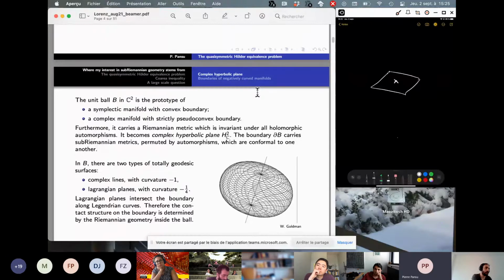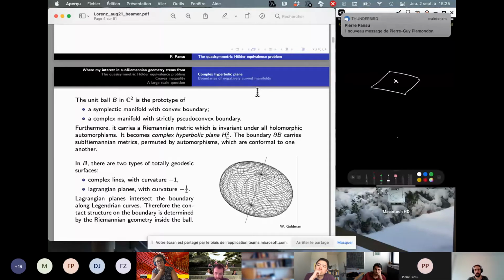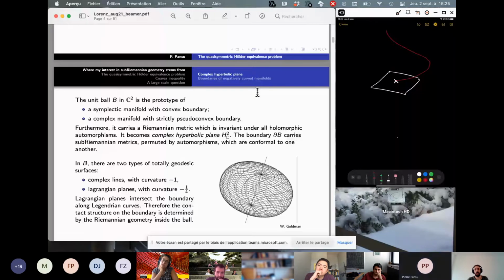So this is a curve which is Legendrian. It starts tangentially to that plane, and it does a rather complicated trip around the boundary, and then gets back like this.